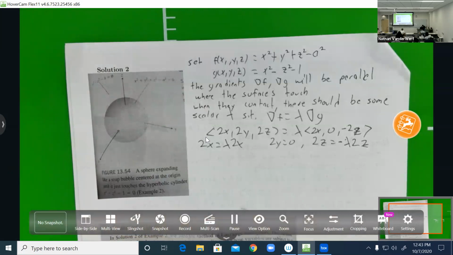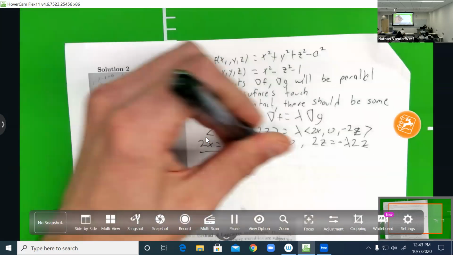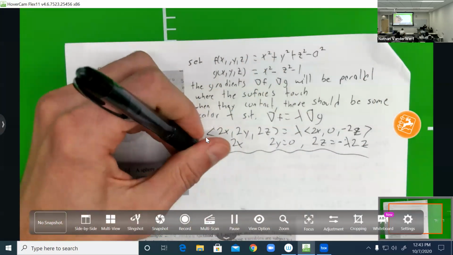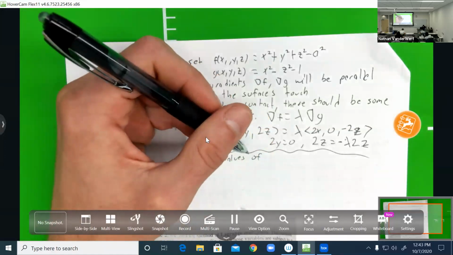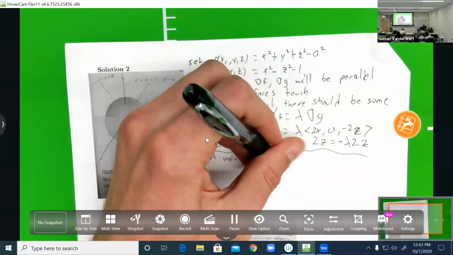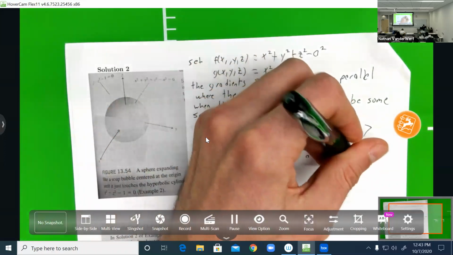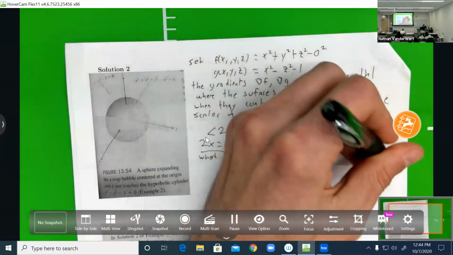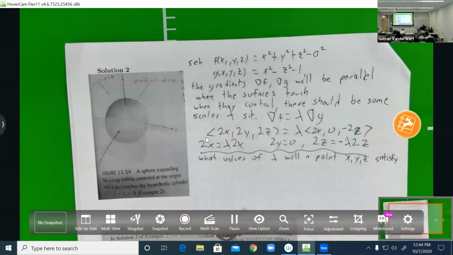So now we want to ask, okay, for what values of lambda will a point x, y, z satisfy this constraint?